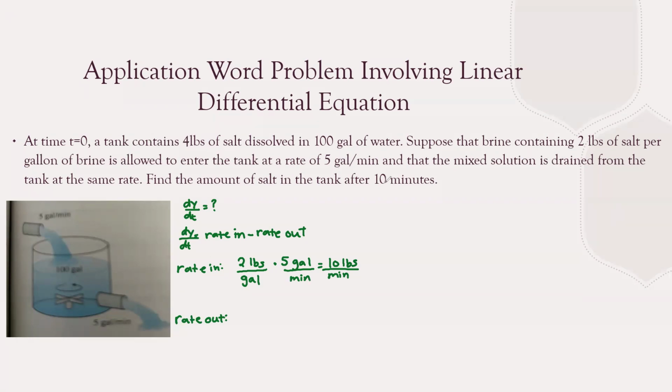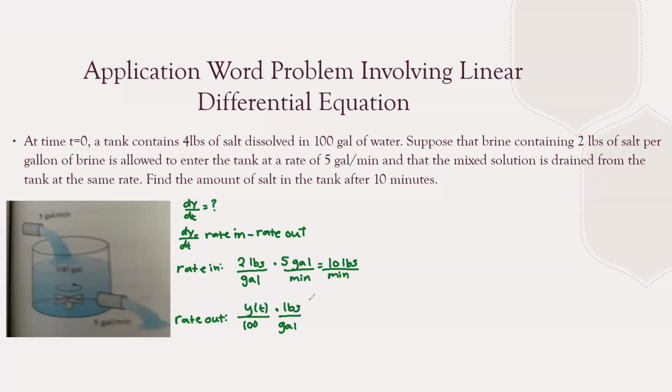So I'm going to say our rate out will be y(t), because we don't know what y(t) is, over 100, since it was 100 gallons of water.